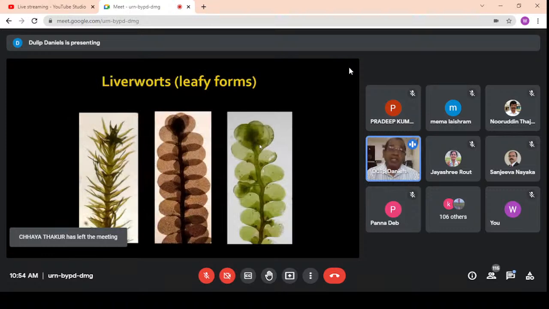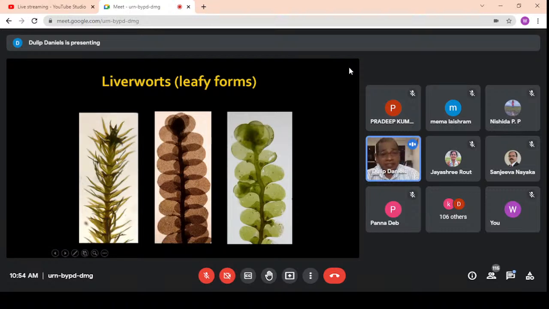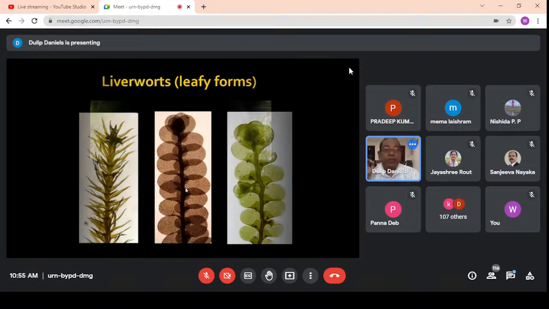Coming to liverworts, look at the diversity here. This is Barbatus, where all the three ranks of leaves are of the same size. No differentiation. When you come to Lejeunea species, you find two lateral rows and one smaller ventral row. But when you come to Radula, this ventral row is totally absent. There are others too.